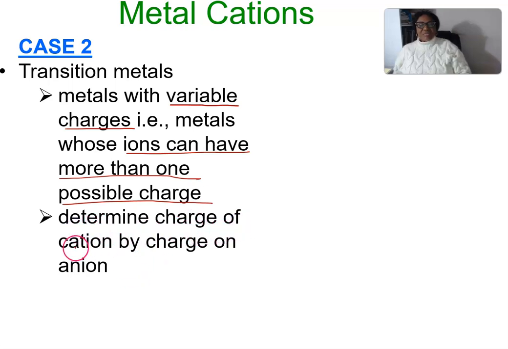Determine the charge of the cation by the charge on the anion. So take note. How do we determine the charge on the cation? We will use the charge on the anion to determine the charge on the cation.